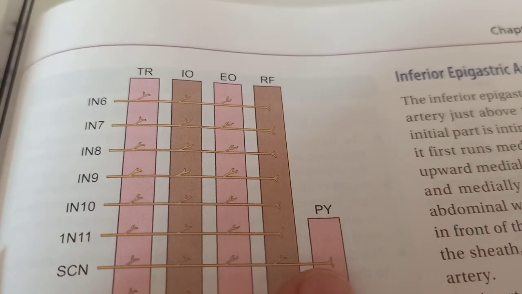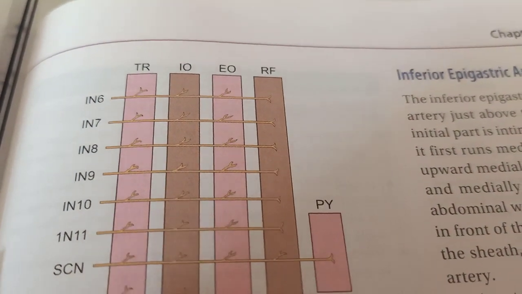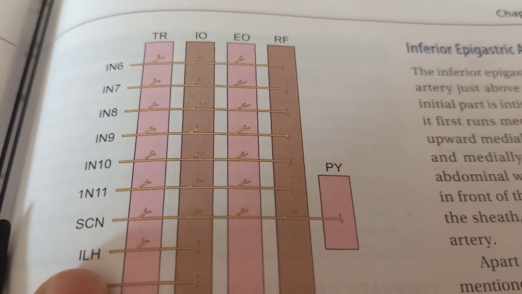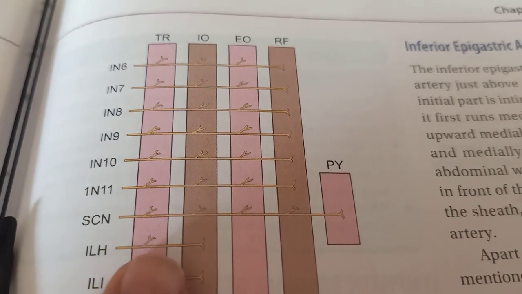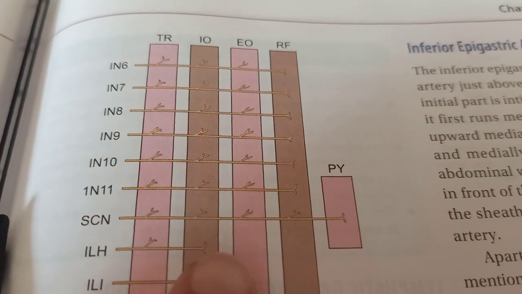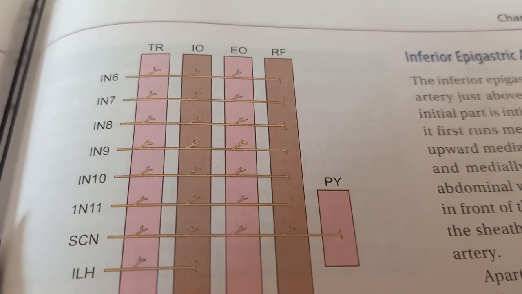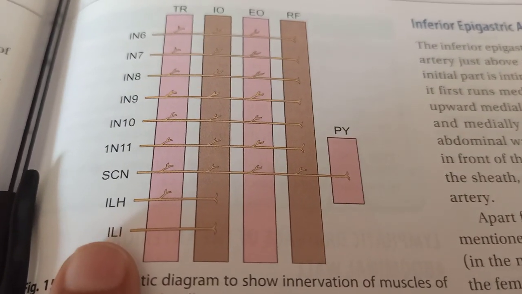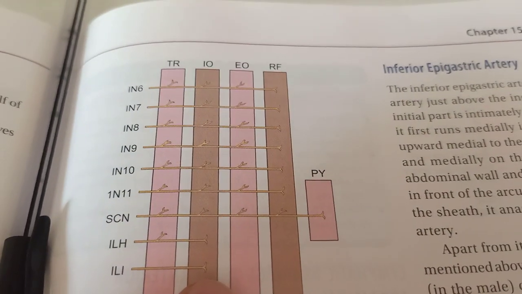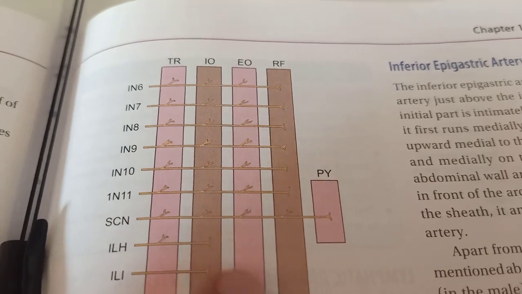So remember this, subcostal also supplies the pyramidalis. The next nerve is iliohypogastric, which supplies the transversus abdominis and the internal oblique. And the next is ilioinguinal, which supplies the internal oblique only.